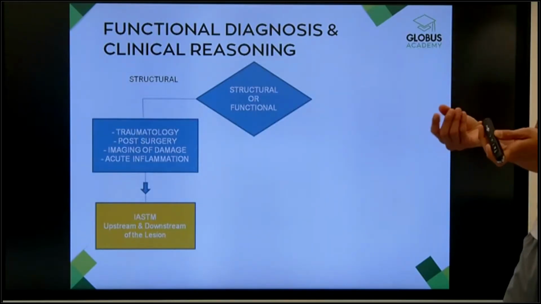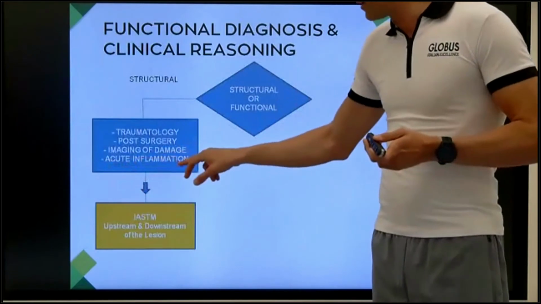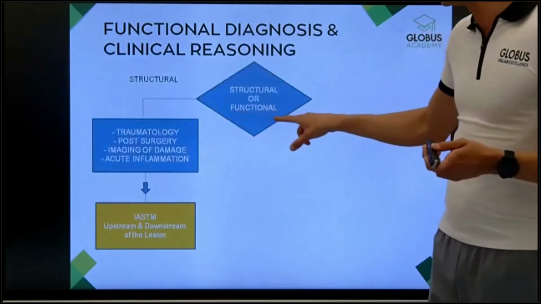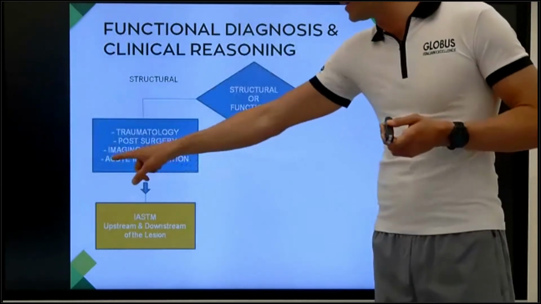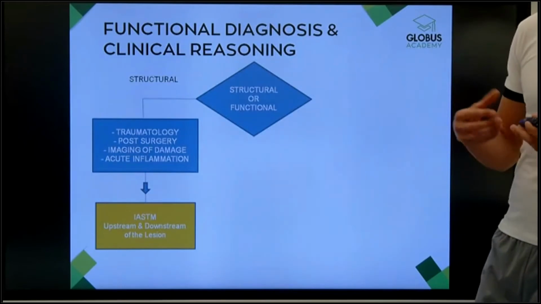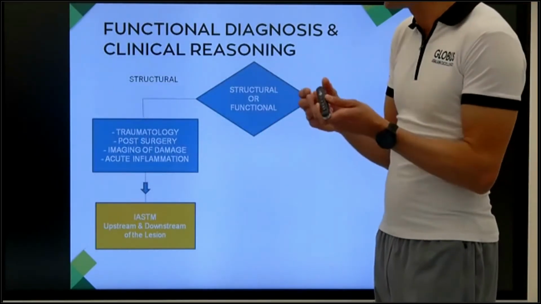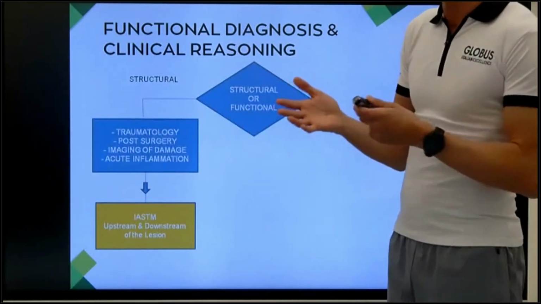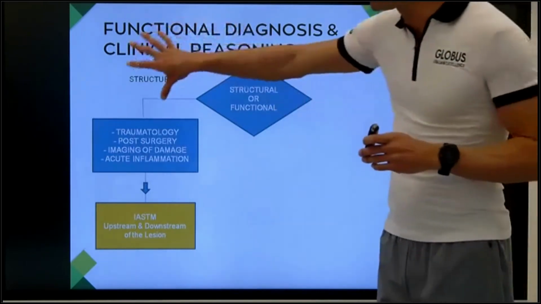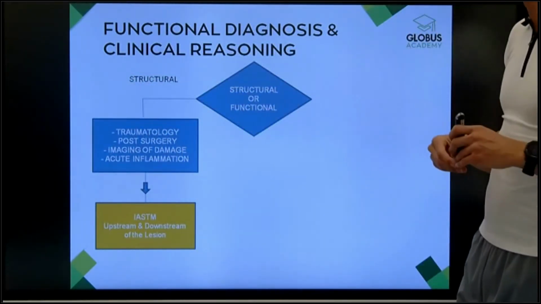Also, we can have an acute inflammation. When we are talking about functional, it's not so easy to find imaging of the damage. The patient is suffering, but we don't have clear imaging, maybe an MRI, an X-ray, or an echography. But with the structural one, we can easily identify the site of the lesion.